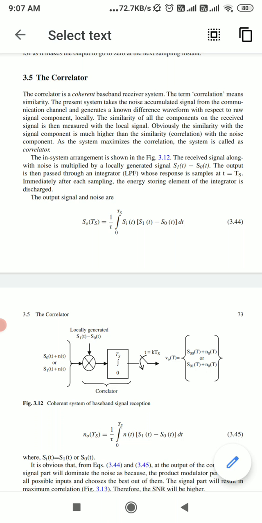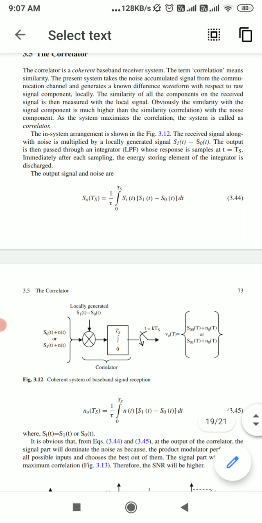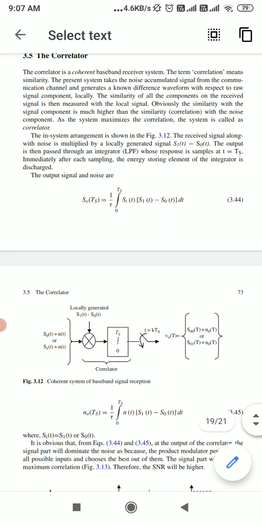So when we give the input to the correlator, we give that input to the multiplier, and the multiplier will multiply the input signal with the locally generated signal. The output of the multiplier is then passed through the low pass filter integrator, whose response is sampled at time t equal to Ts seconds.